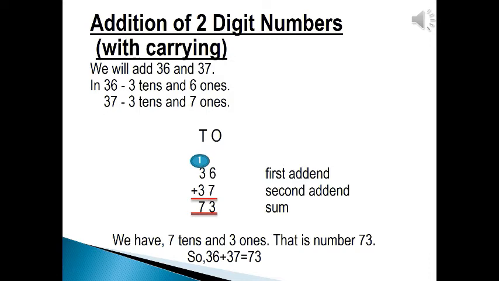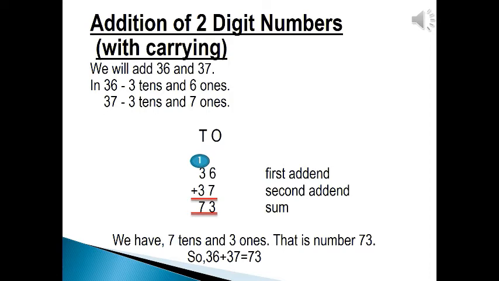6 plus 7 is equal to 13 and 13 is 1 ten and 3 ones. So, we will write 3 ones in ones column and 1 ten will be carried forward in tens column.